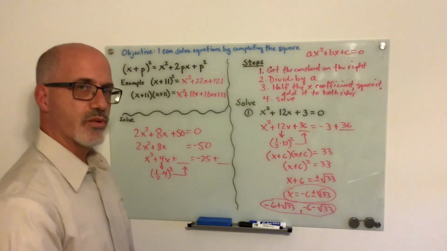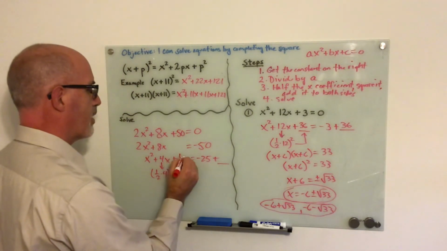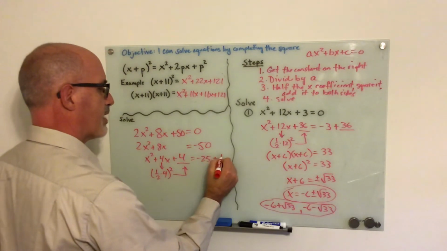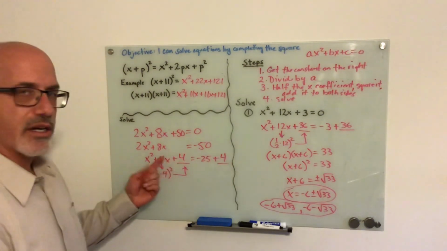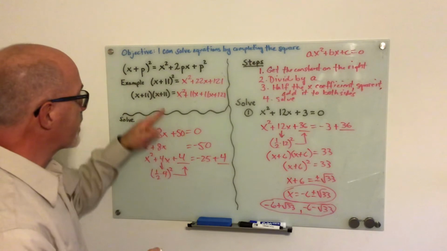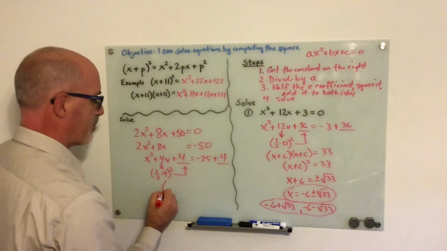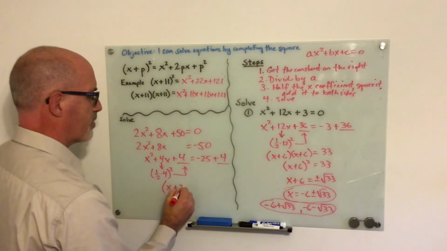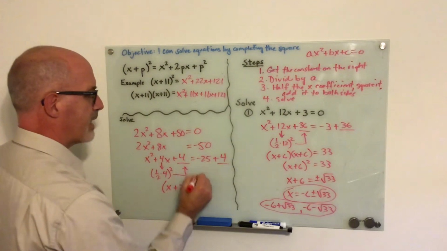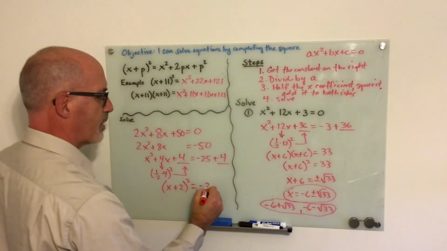Half of it's 2, squared is equal to 4, and add that to both sides. Now notice with this 4, take the square root of it and double it, you get that middle term. And that ends up being x plus 2, the quantity squared, equals negative 21.